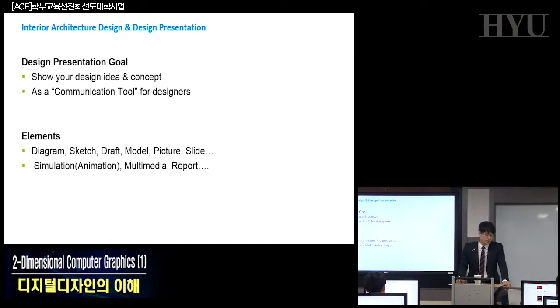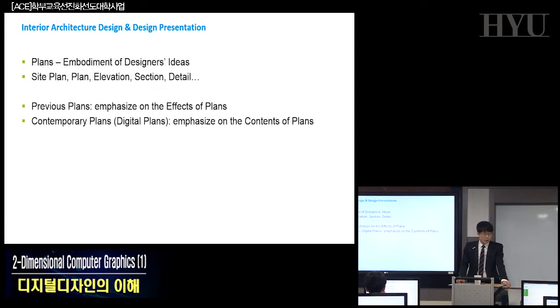Diagram, sketch, draft, models, picture, slides, and so on. Sometimes simulation or some animated pictures, animation, multimedia reports, lots of different elements we need to create. We need to take care of some fundamental things first.